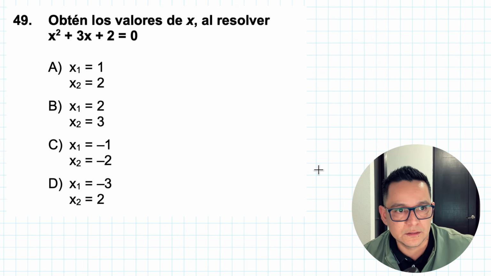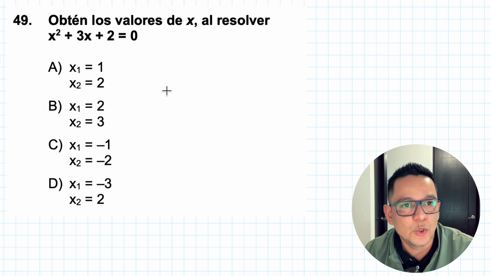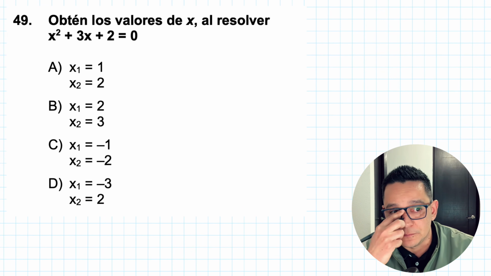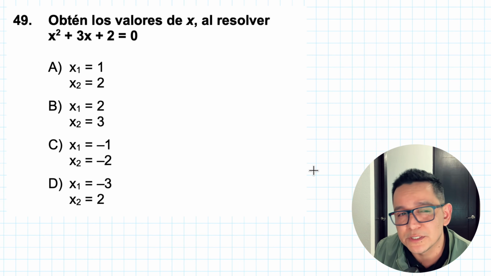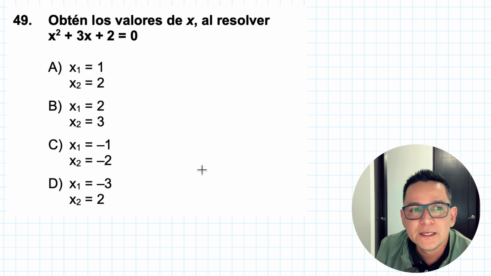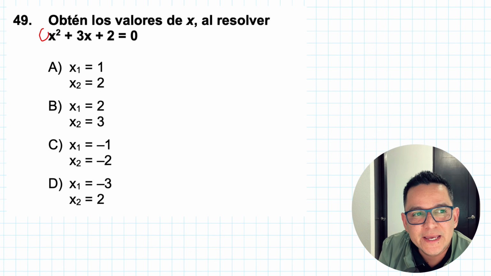Number 49, it says, find the values of x by solving x squared plus 3x plus 2 equals 0. Look, in this case, we can play a little with the answers. For the following reason, I want you to notice that this coefficient is positive, this one is positive, and this one is positive.